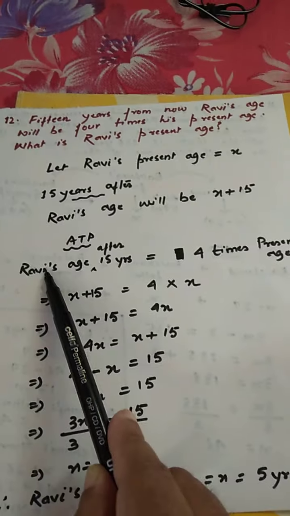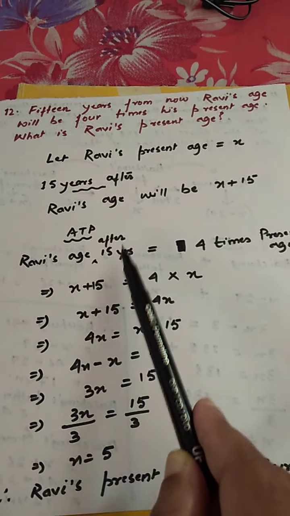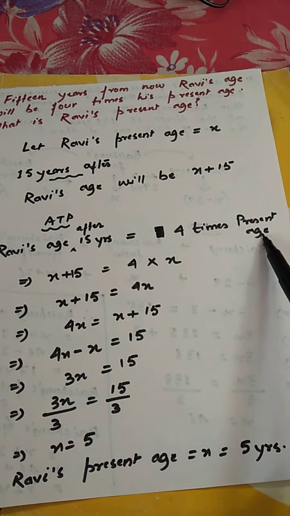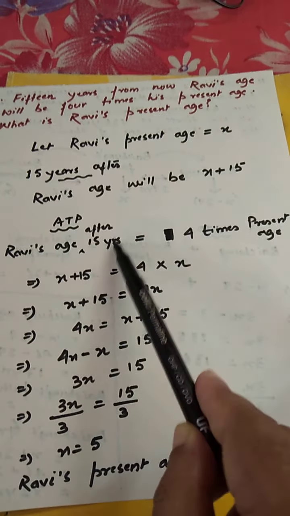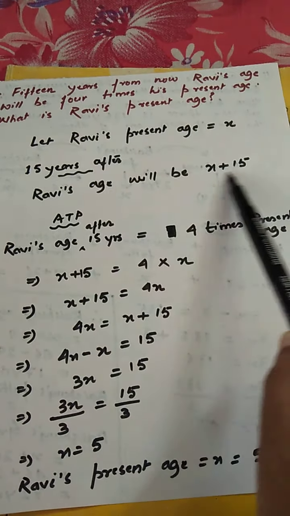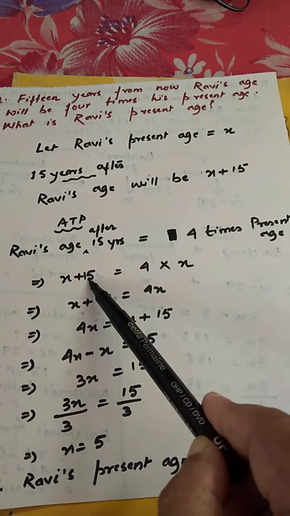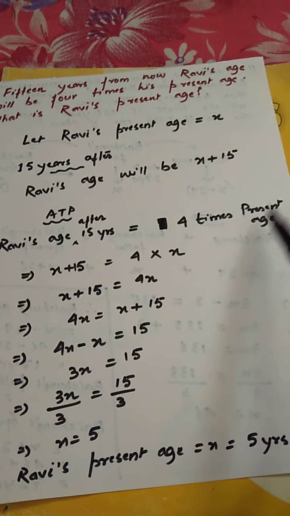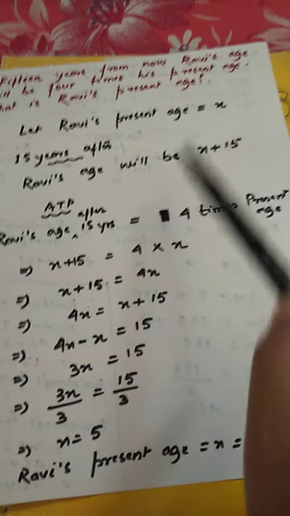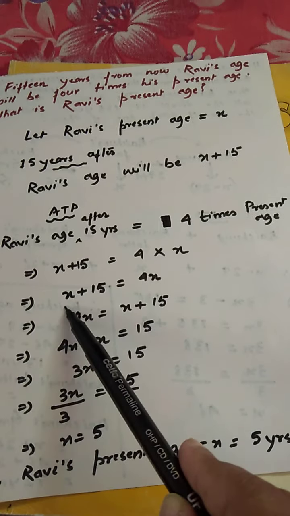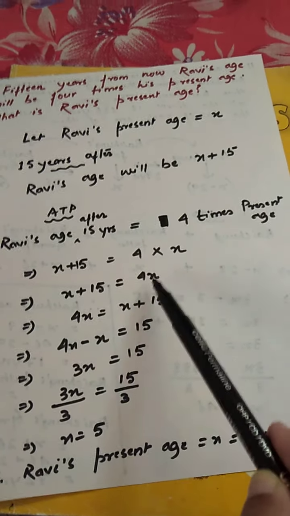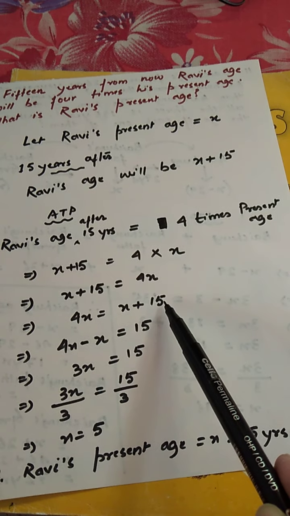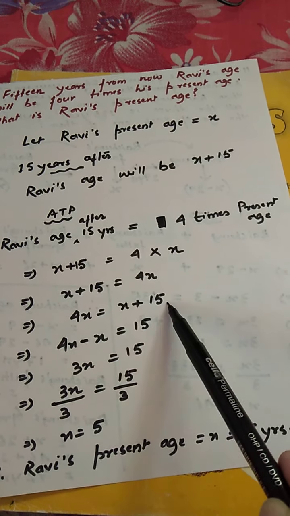So Ravi's age after 15 years, x plus 15, is equal to 4 times the present age of Ravi, 4 into x, which is 4x. We can also write this equation as 4x equals x plus 15.